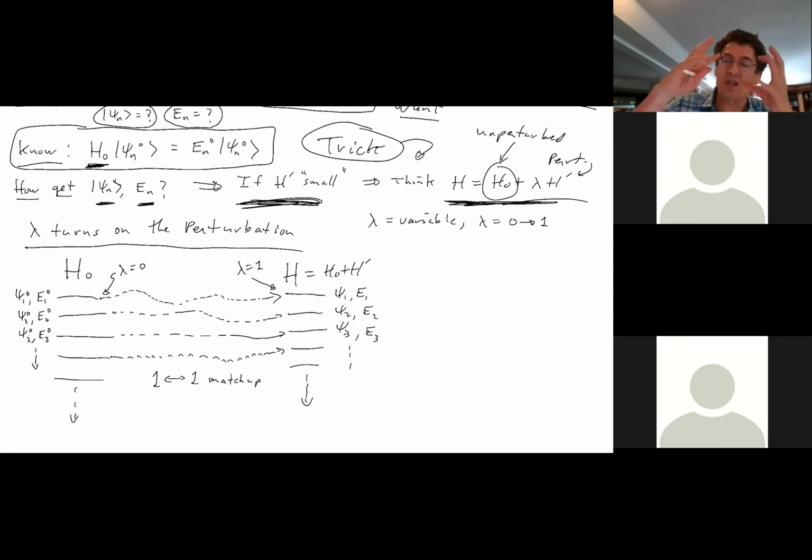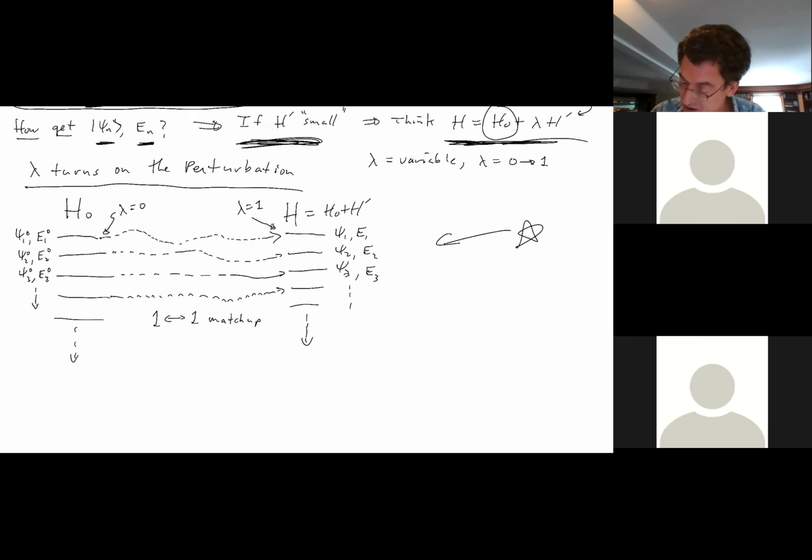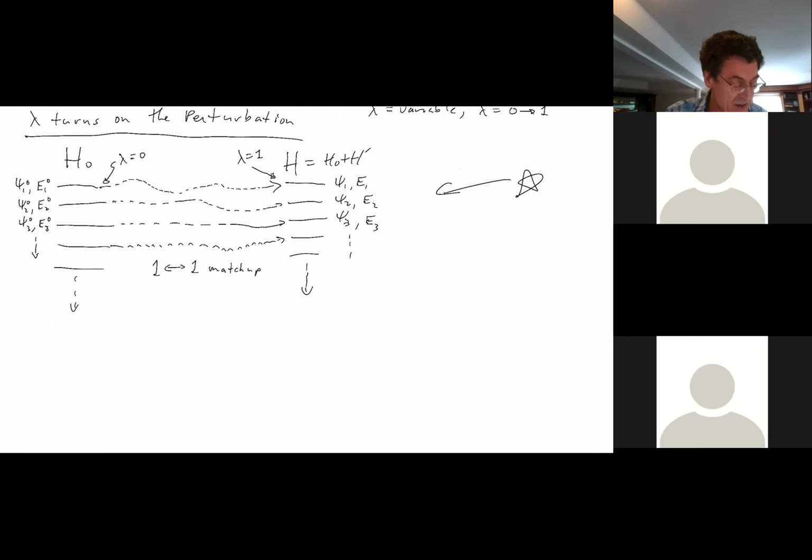For example, when there's a sudden phase transition, and I mentioned that last time, so I don't want to completely repeat everything from last time. But I am repeating this because this is the basis of how you conceptualize perturbation theory. I want you to have this picture in your head, the one that I drew here. So if that picture doesn't make sense to you, then talk to me or the TAs or whatever.